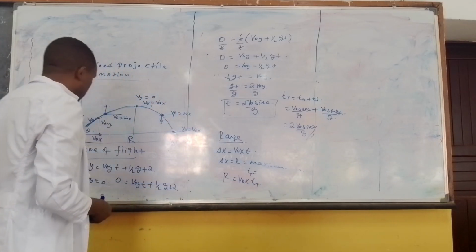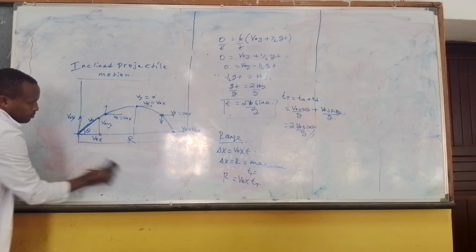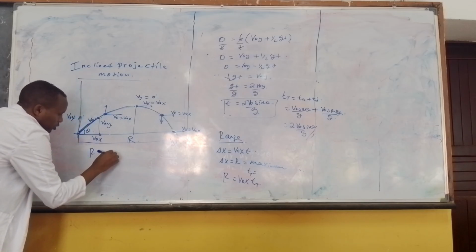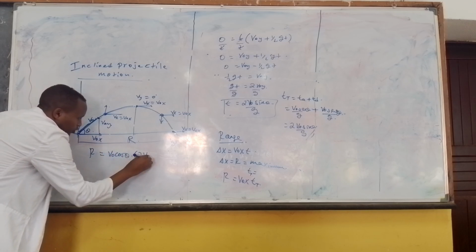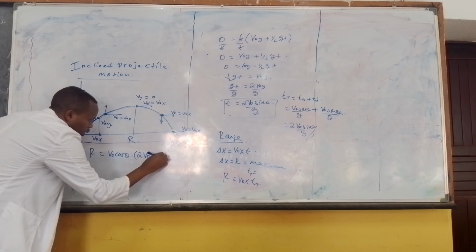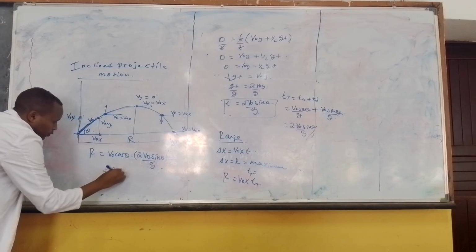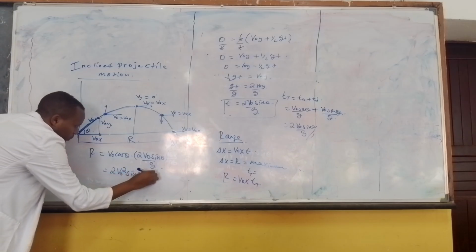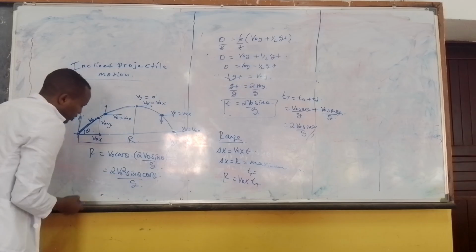Instead of total time, let's use the formula: R equals V naught cosine of theta times twice V naught sine of theta over gravity. So we have twice V naught squared sine of theta cosine of theta over gravity. This is the range.